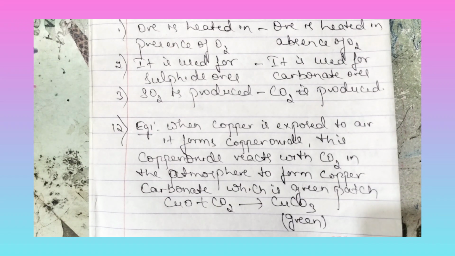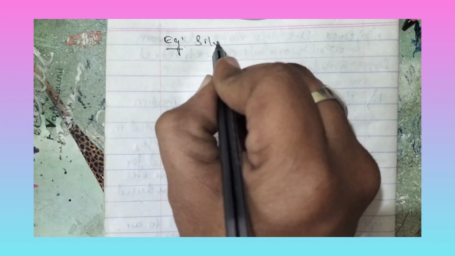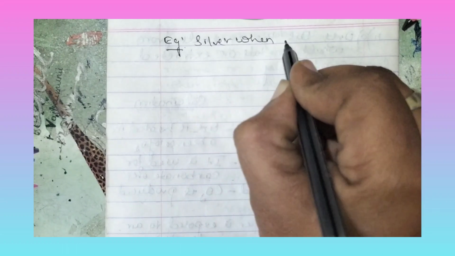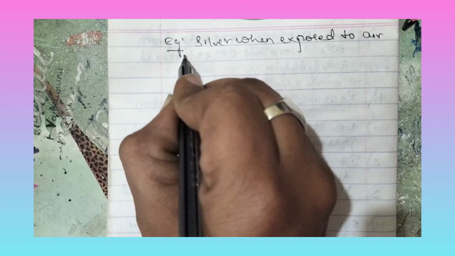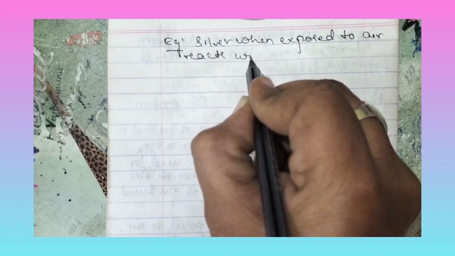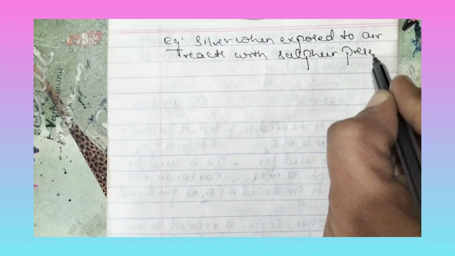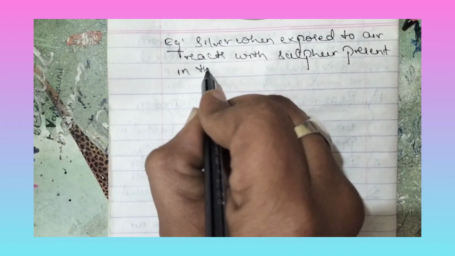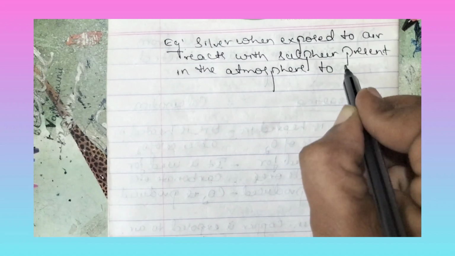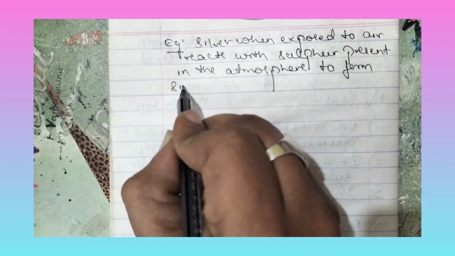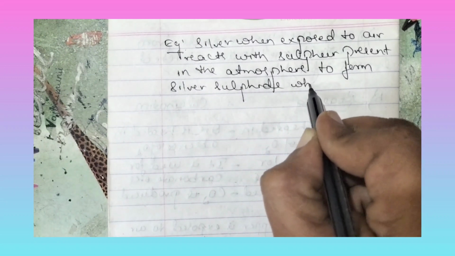Then example 2: silver, when exposed to air, reacts with sulfur present in the atmosphere to form silver sulfide, which is black.